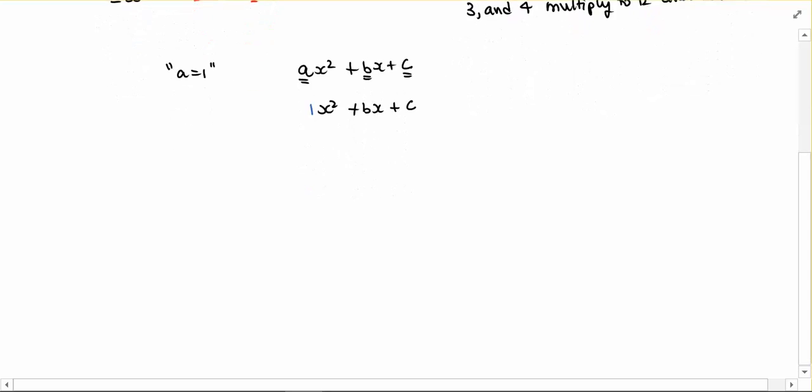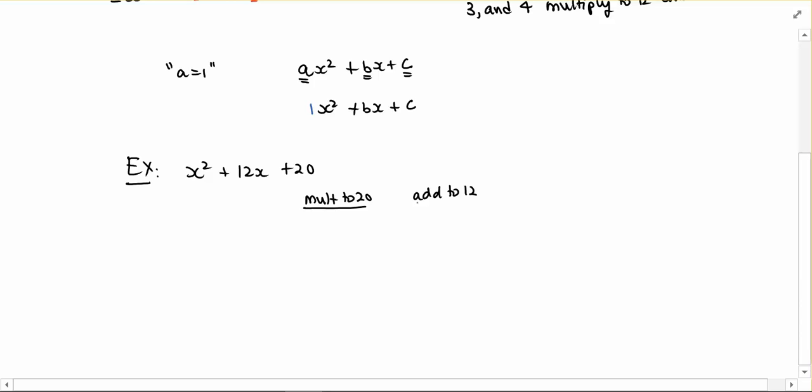Okay, so let's take a look at a few examples now. So let's do another one: x squared plus 12x plus 20, right? So what are the numbers that multiply to 20 and add to 12?